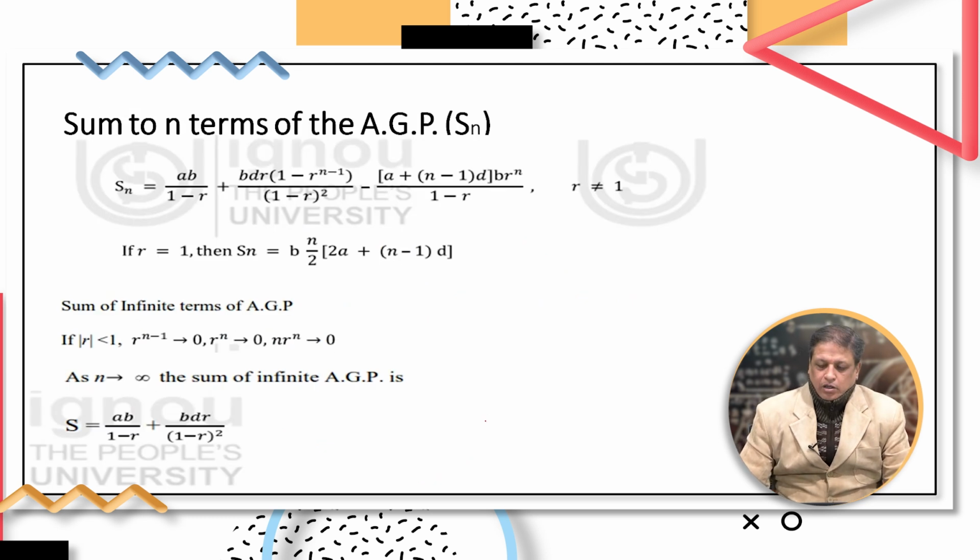We had gone through the sum of n terms of an arithmetic geometric progression, and this was the formula which was discussed for the sum of n terms of the arithmetic geometric progression.